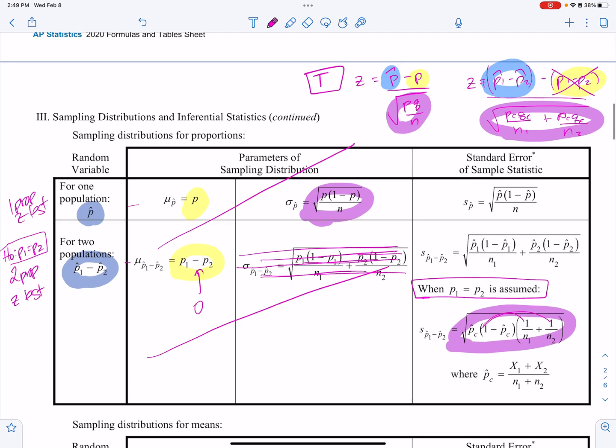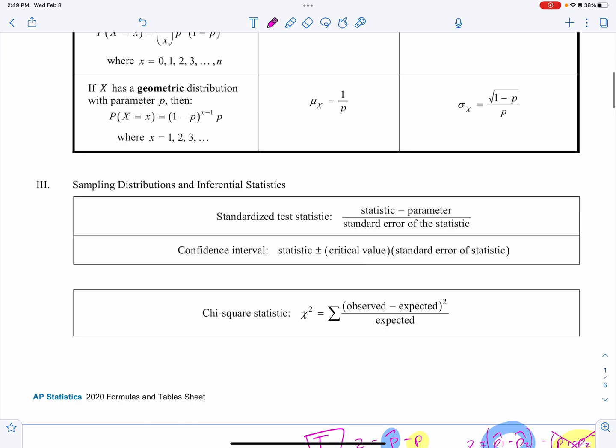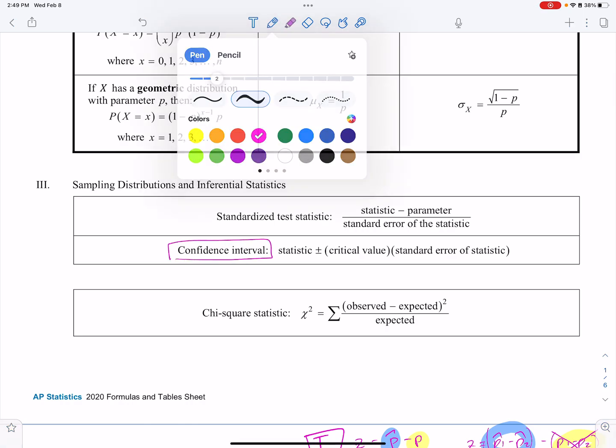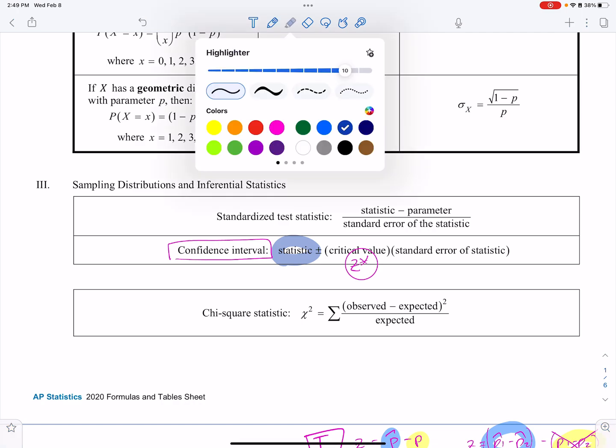For your confidence interval, turn back to the other page, and it says right here, confidence interval equals statistic. My statistic we've been making blue, plus or minus critical value. For that, that's my Z star. And I'll jump back to show you how to find Z star again, times the standard error of the statistic. And I've been making that purple.